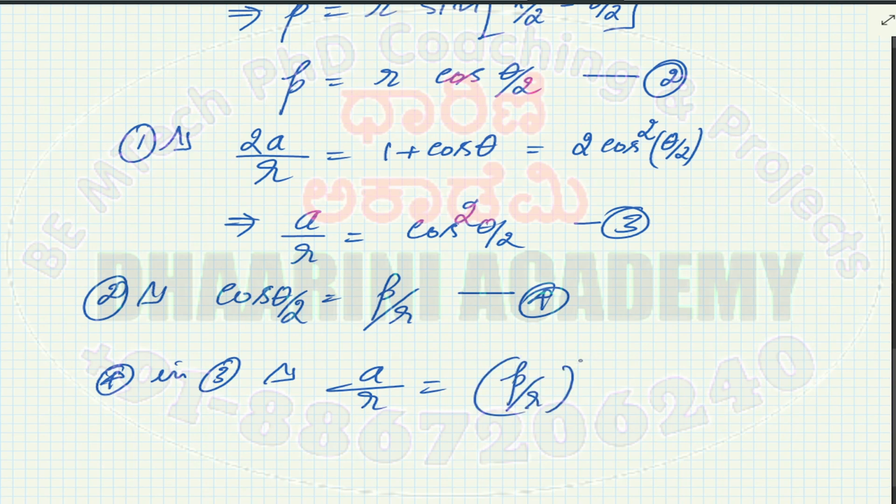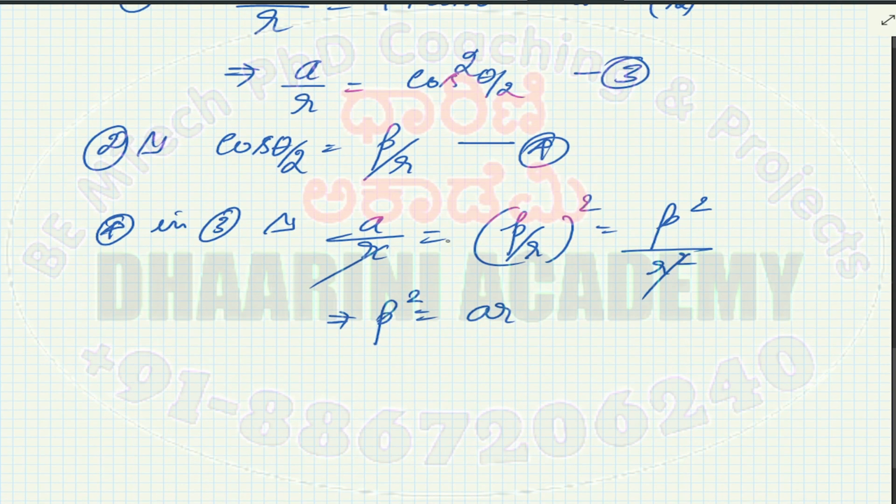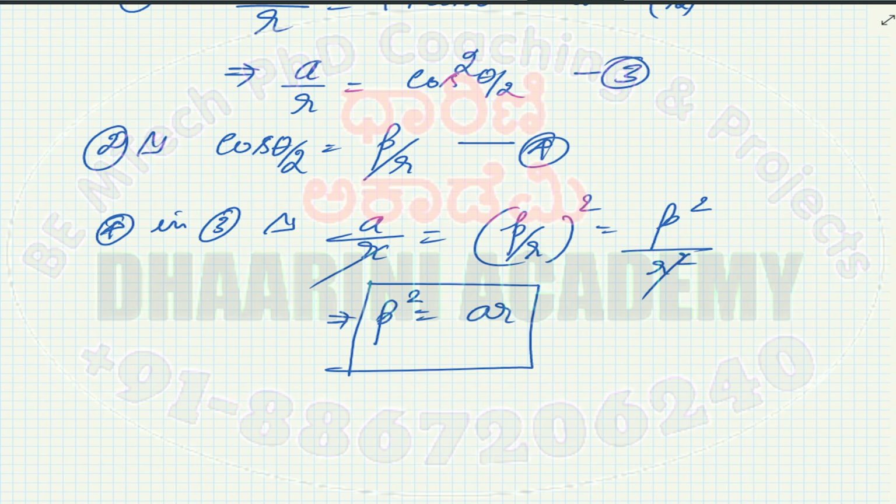So this is p by r the whole square, which is p square by r square. So one of the r will cancel. Now I have p square on one side, a into r on the other. The p is what I need. So I can write p is equal to root of ar, or p square equal to ar. Now you see that you eliminated the theta from the equation.